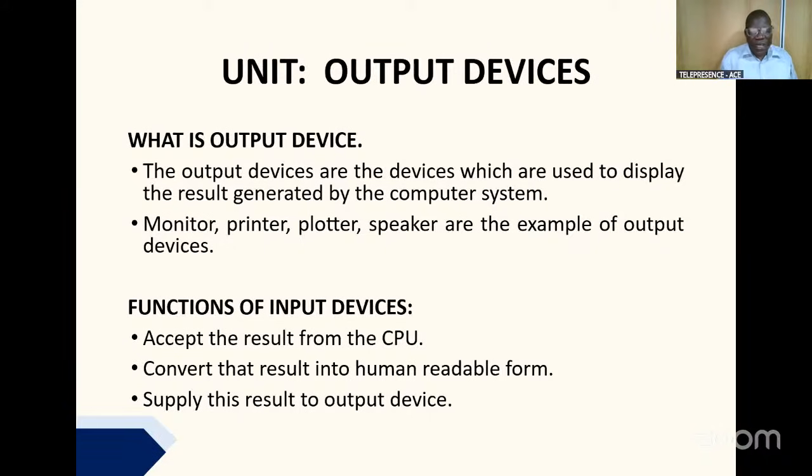The output devices are the devices which are used to display the result generated by the computer systems. So these devices are what tell you what the computer has done when data are processed.